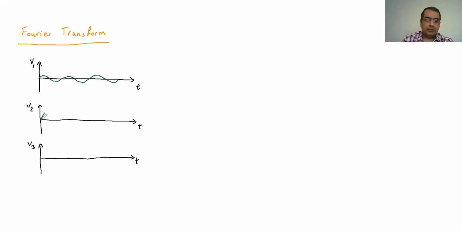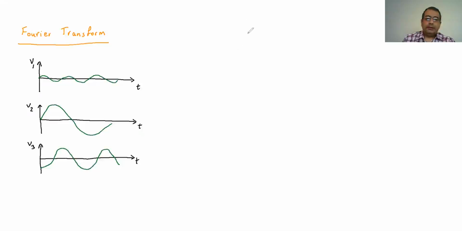The second signal I measured looks like this, and the third signal I measured looks like, for example, something like that. Some sinusoidal wave, something like that. So assume I measured three signals similar to that.